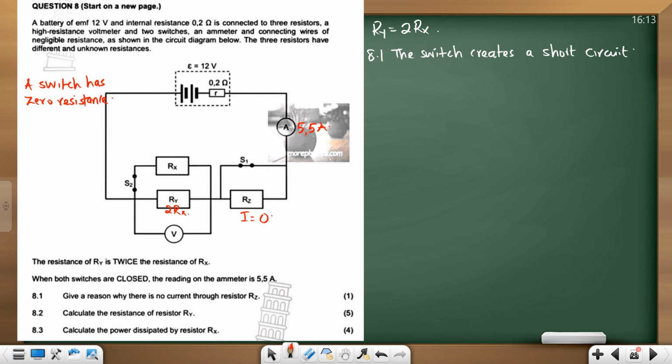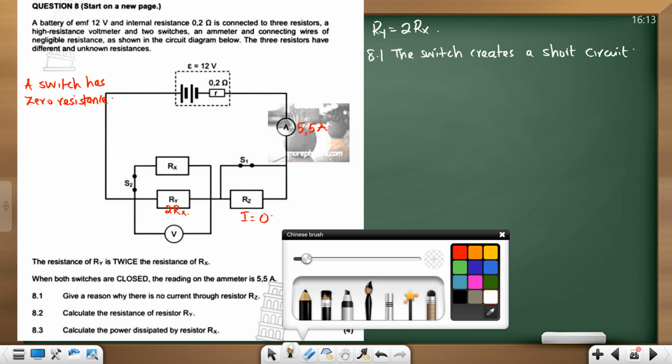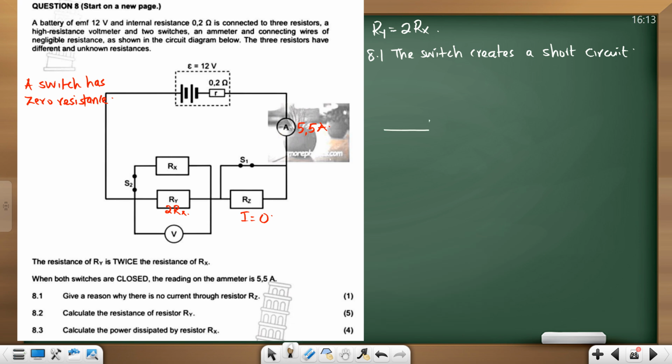What do we know? If we were to combine this whole thing, I can safely do this. And we have a 5,5. But this guy is not working. So, can I just throw it out? Will that be fine?